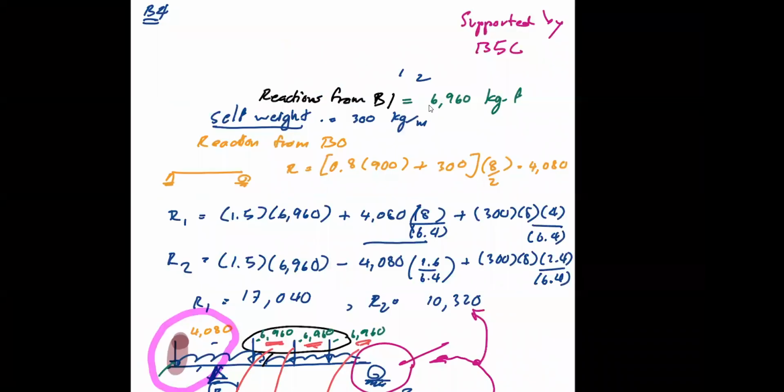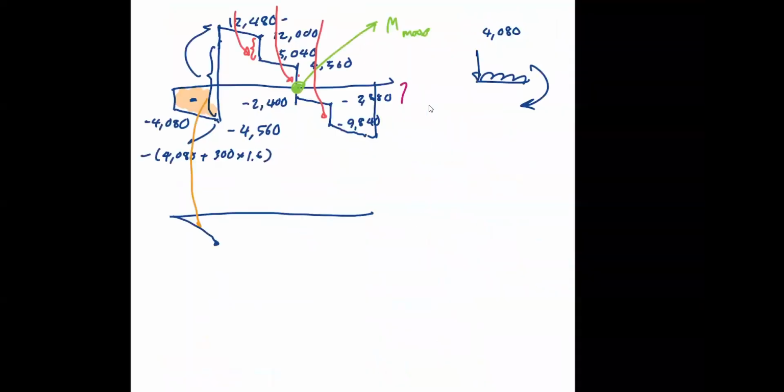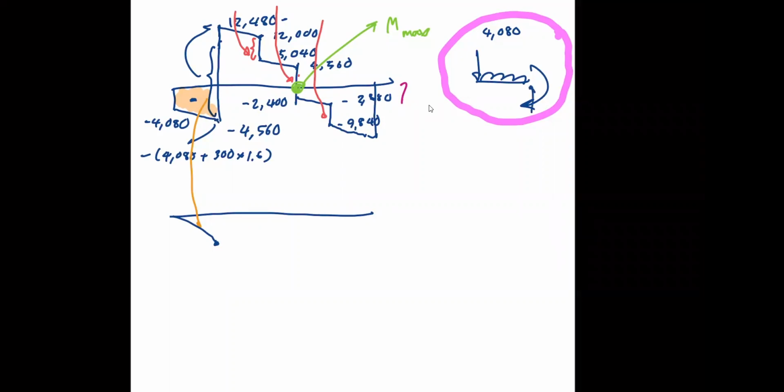When you cut the free body diagram of this portion, this pink portion, your free body diagram is always this one. Well, not perfectly correct. You need to have a shear here to balance the stuff. This is a free body diagram of a free end, a part of the overhanging structure.